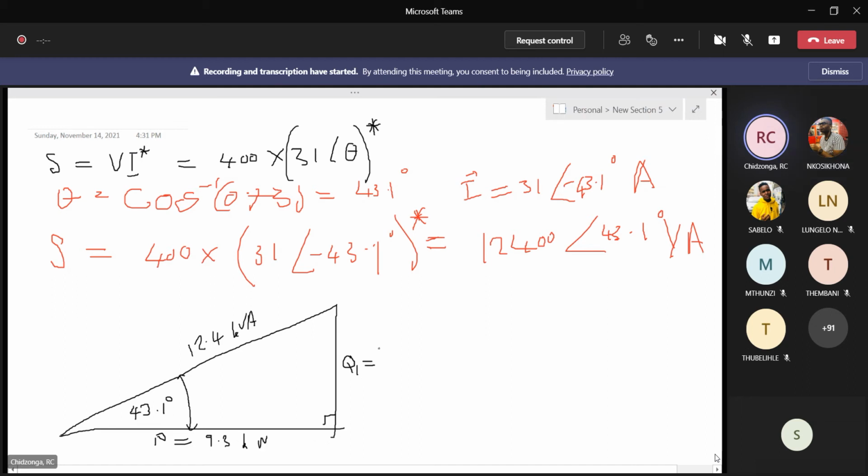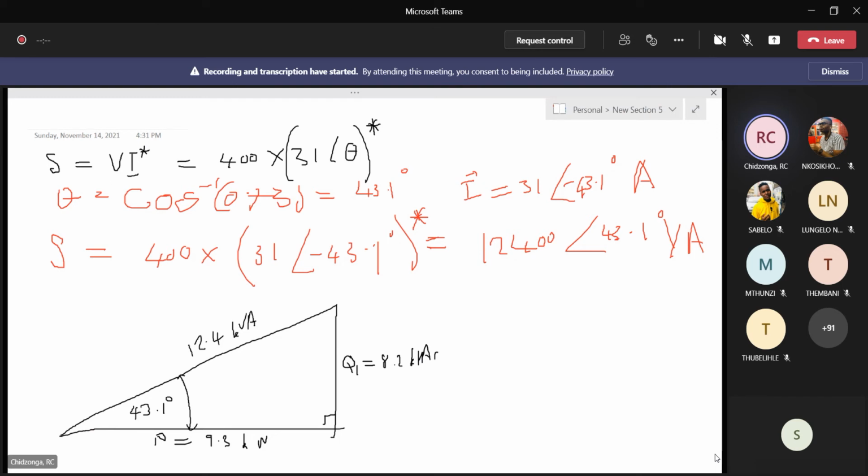Then Q1 is 12.4 times sine of 43.1, which is 8.2 kilovolt-amperes reactive, so that's kilovars. So you see, this is the situation before power factor correction.